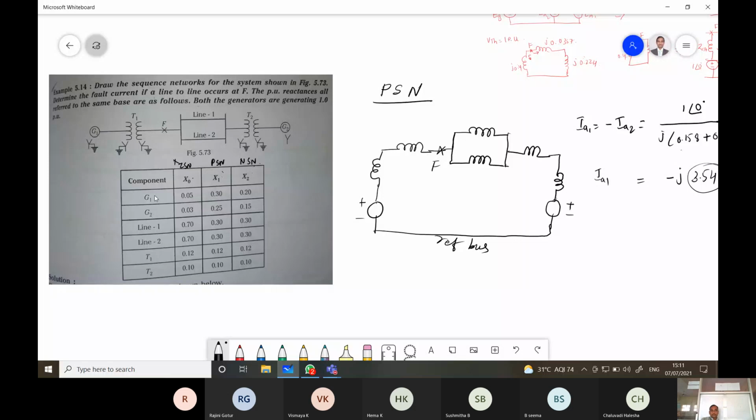Refer the table. Generator 1 J 0.3, generator 2 J 0.25, line 1 J 0.3, line 2 J 0.3, transformer T1 0.12, transformer T2 J 0.1.